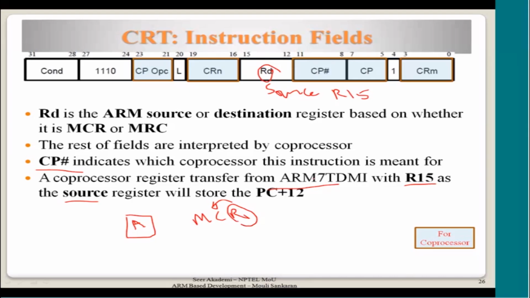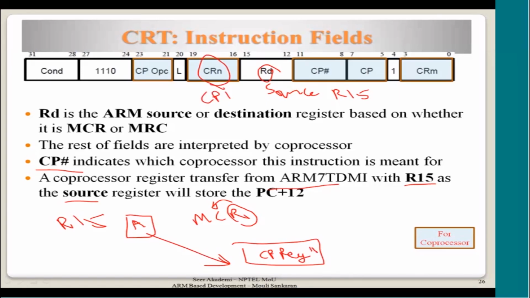So the R15 value is going to the coprocessor, to some CP register mentioned here, suppose CP ID, register 1. Now R15 is going into register 1 of the coprocessor.